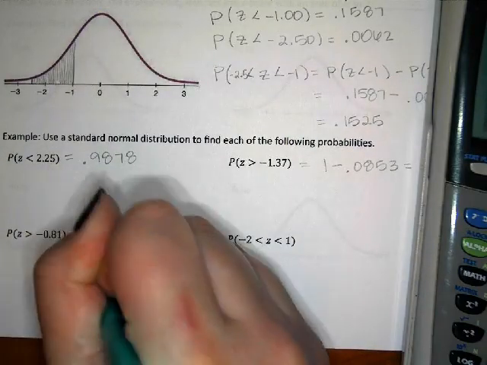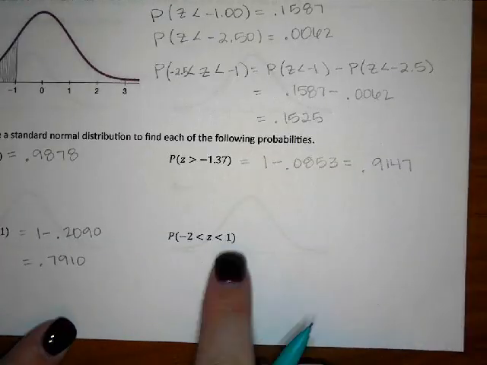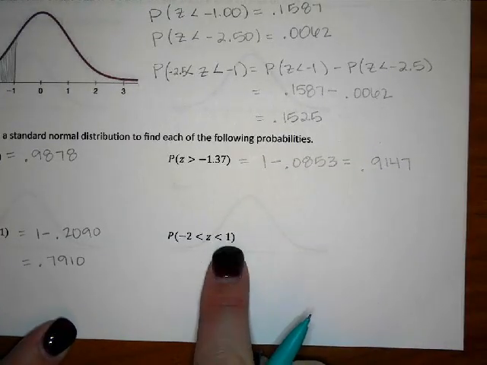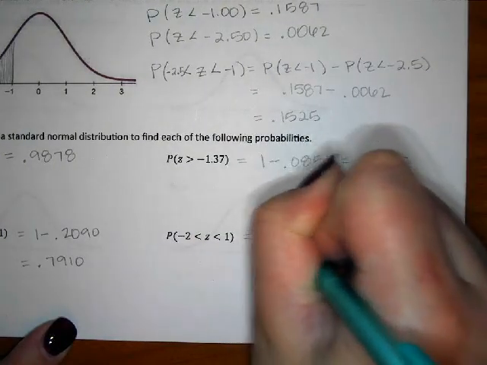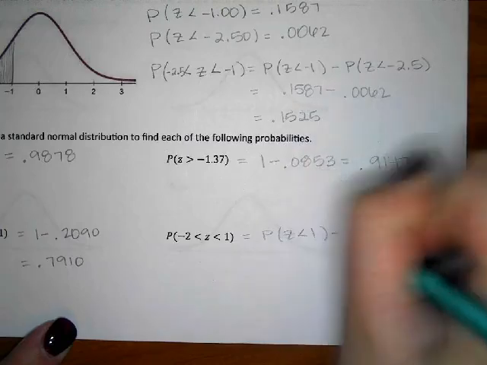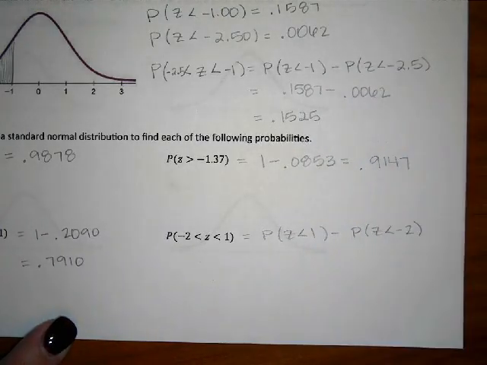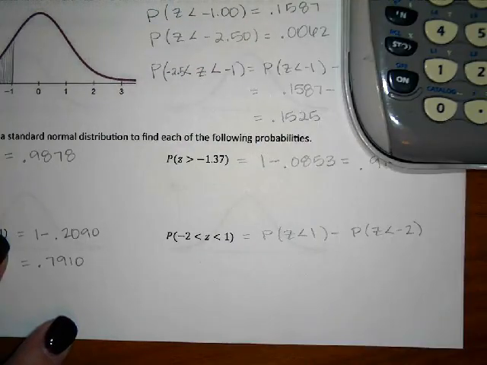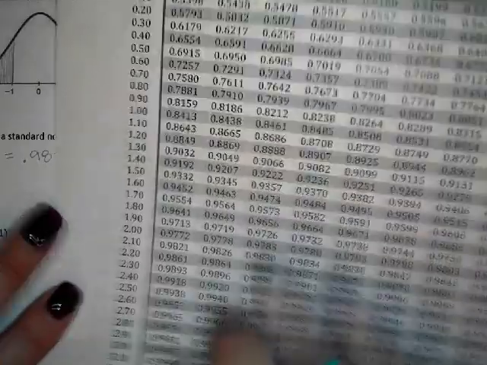And then we're going to do the rightmost minus the leftmost. So the probability of 1 is 0.8413.